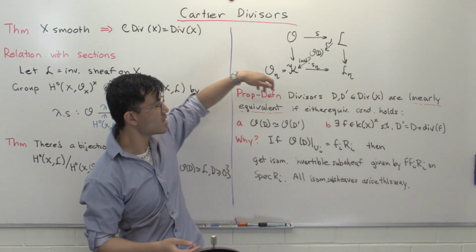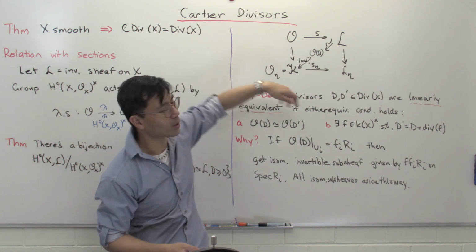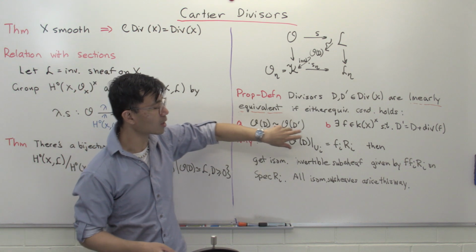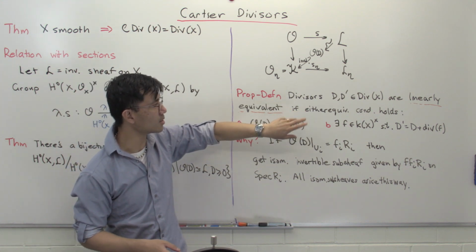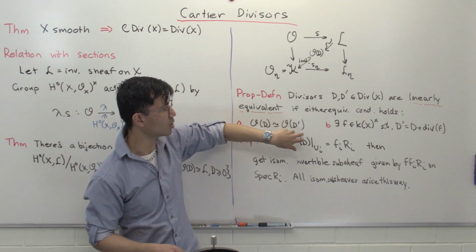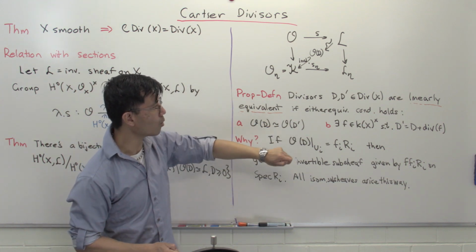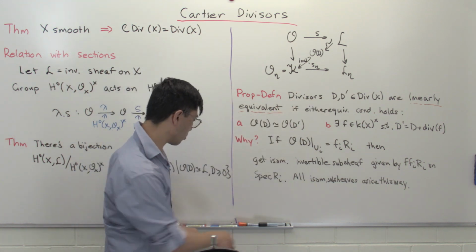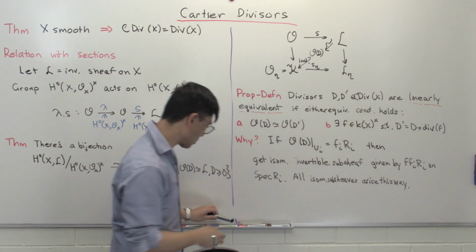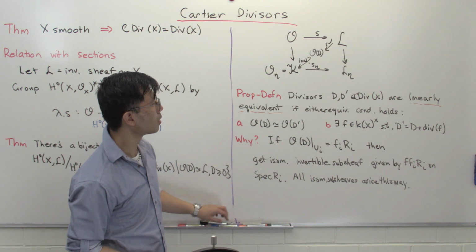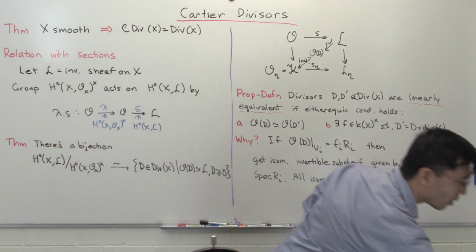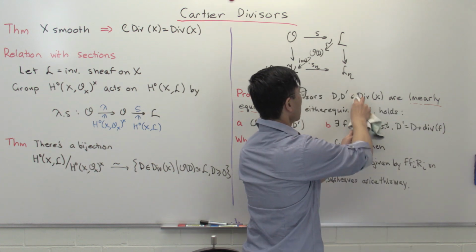They're said to be linearly equivalent if either of the following two equivalent conditions hold. The first one is that the corresponding coherent subsheaves OD and OD prime are isomorphic.